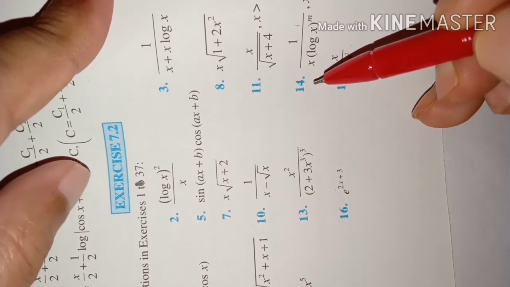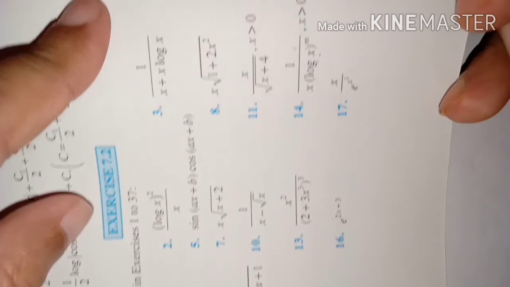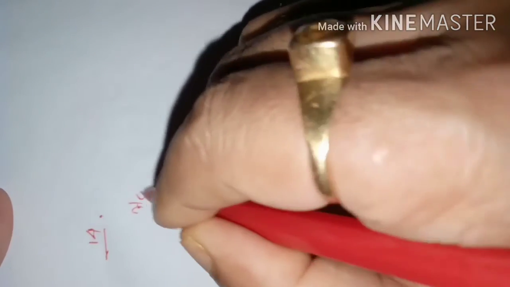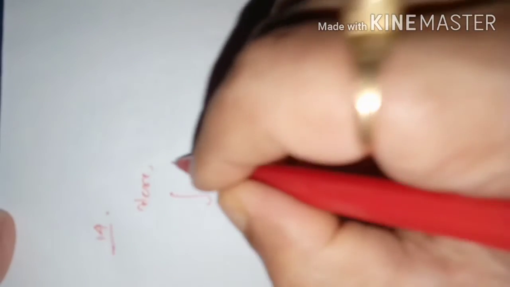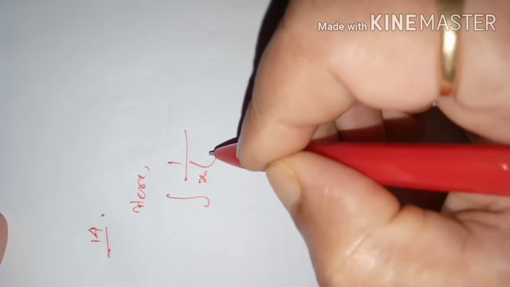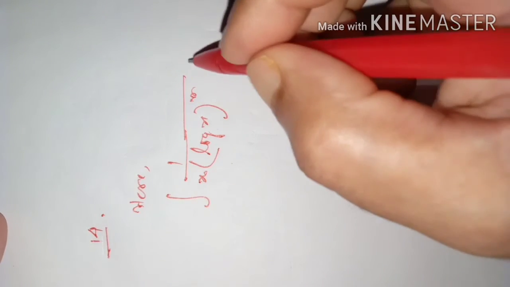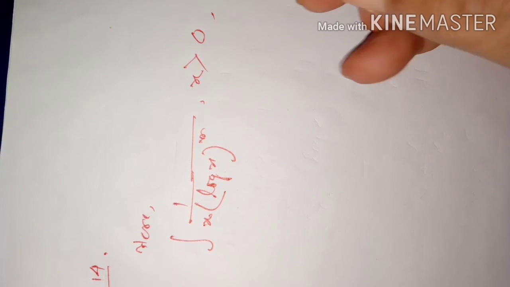Question number 14 is integration of 1 by x into log of x whole to the power of m, where x is greater than 0 and m is not equal to 1.